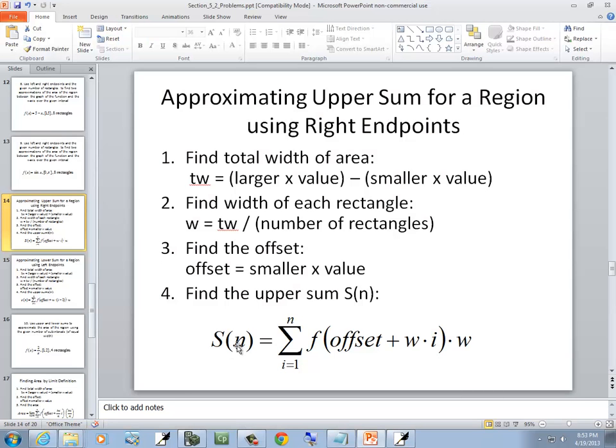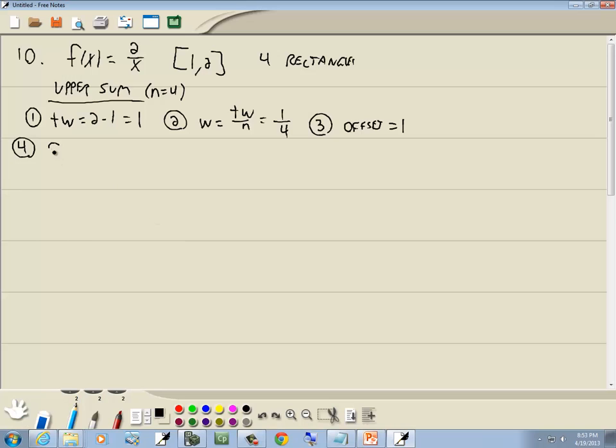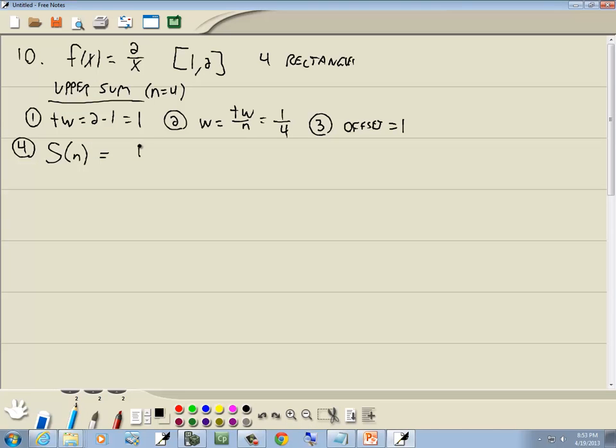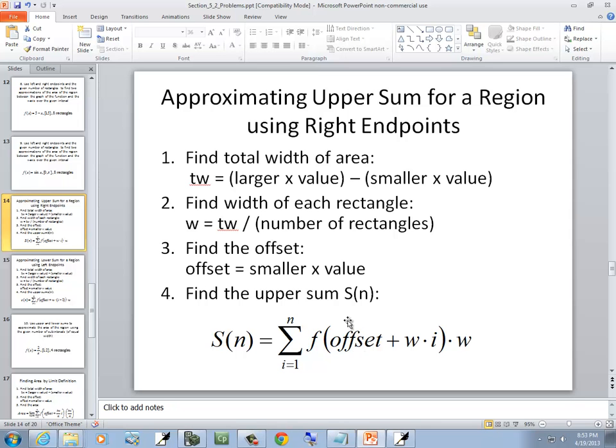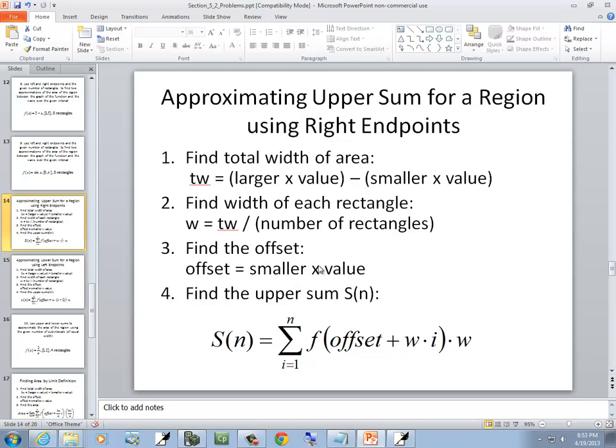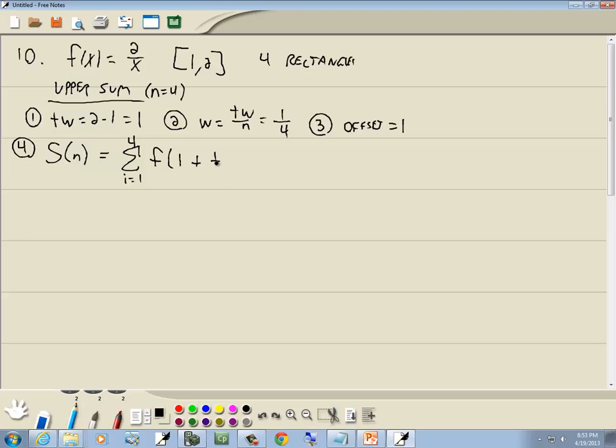It's represented by uppercase S. The next one will be a lowercase s, the lower sum. So this says we've got the sum from i equals 1 to n, where n was 4, of f of the offset, which was 1, plus W, which is 1/4, times i, so 1/4 i, times W, which was 1/4.